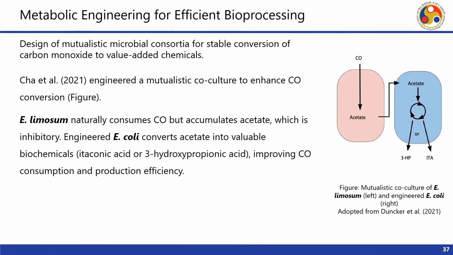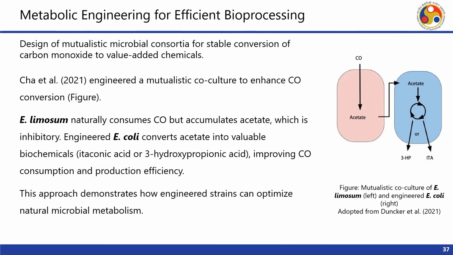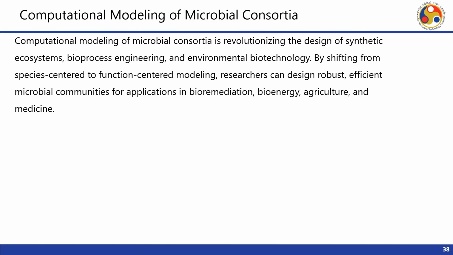So, Eubacterium limosum naturally consumes carbon monoxide, but accumulates acetate, which is inhibitory. Engineered Escherichia coli converts this acetate into valuable biochemicals like itaconic acid or 3-hydroxypropionic acid, improving carbon monoxide consumption and production efficiency. This approach demonstrates how engineered strains can optimize natural microbial metabolism.